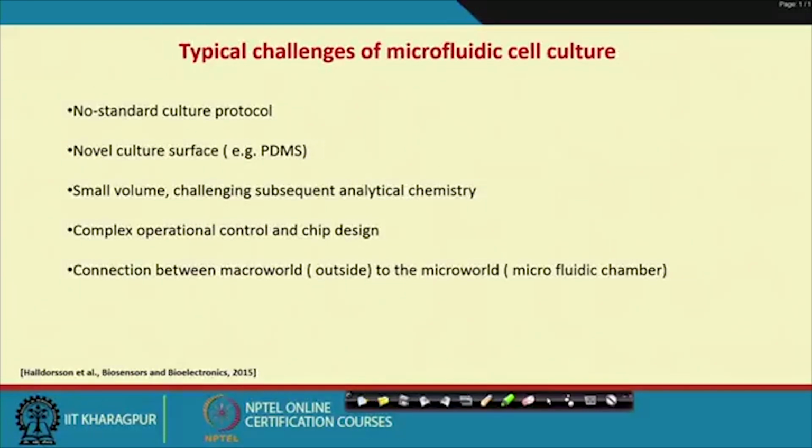The volume of the microfluidic channel or well is in microliters, but outside, when measuring the cell suspension or preparing reagents, it is around 100 or 500 microliters. All these things have to be addressed properly to solve the problems of microfluidic based cell culture systems.